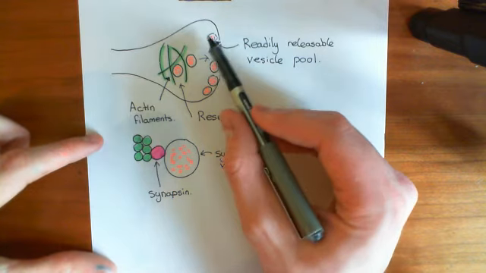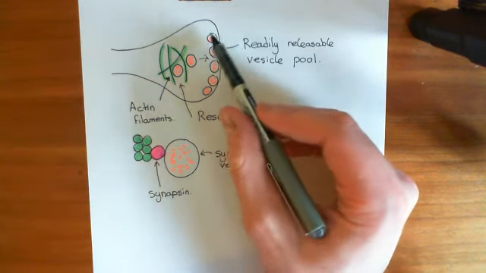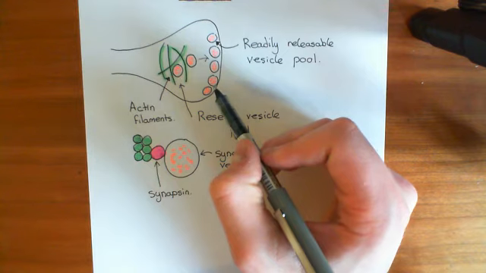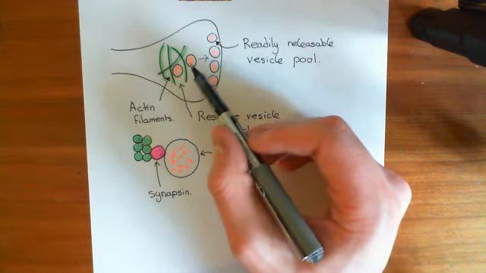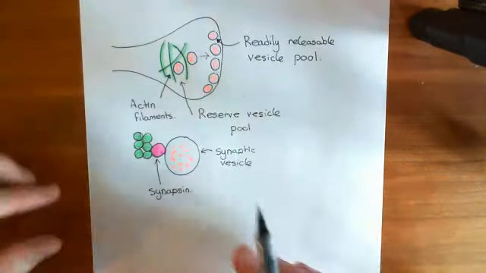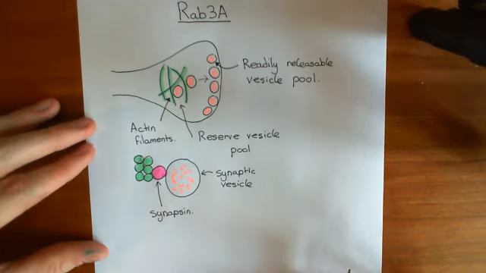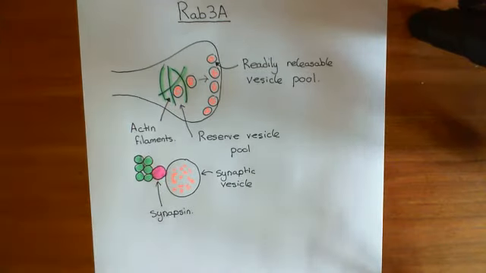So we replace the vesicles in the readily releasable vesicle pool by taking vesicles from the reserve vesicle pool and docking them at the membrane. So that's the big picture of the process of regenerating the readily releasable vesicle pool, so that when another action potential comes, you have vesicles docked at the membrane ready to fuse.